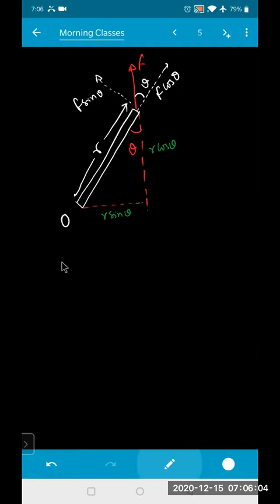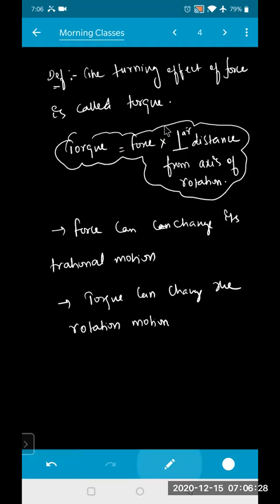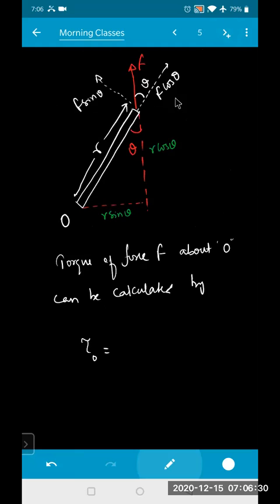How do you write it? The torque of force F about O can be calculated by: torque tau is equal to the force about O, which is acting perpendicular, into the perpendicular distance.